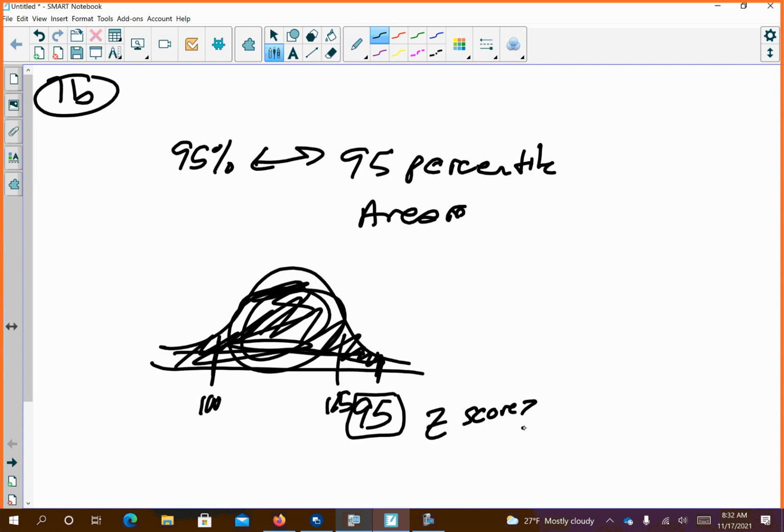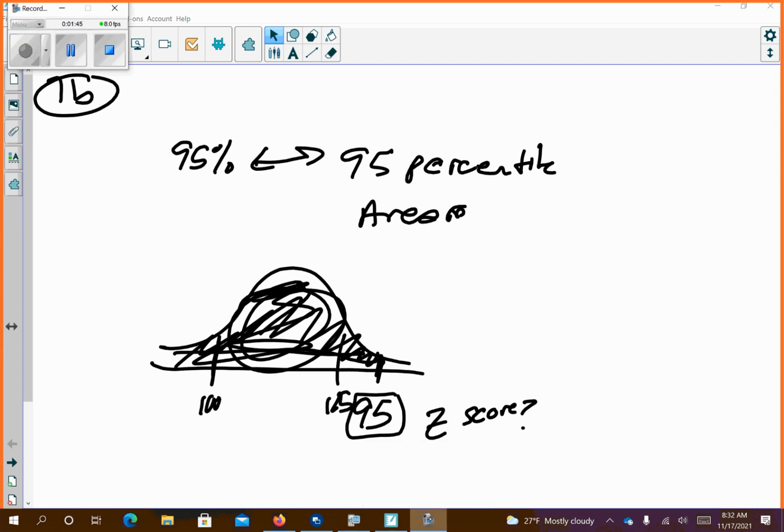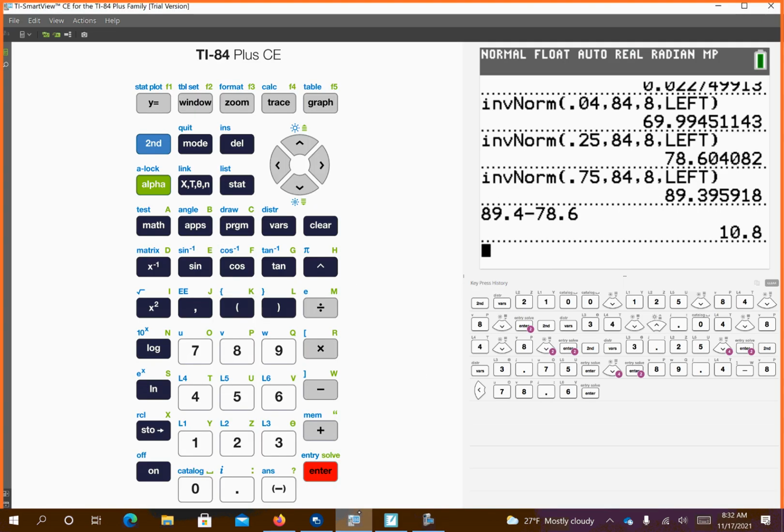So I'll go back to 3 as well, and we'll show how we can do both. All right, so I'm going to go inverse norm. Let's just go second enter. Inverse norm, 95th percentile.